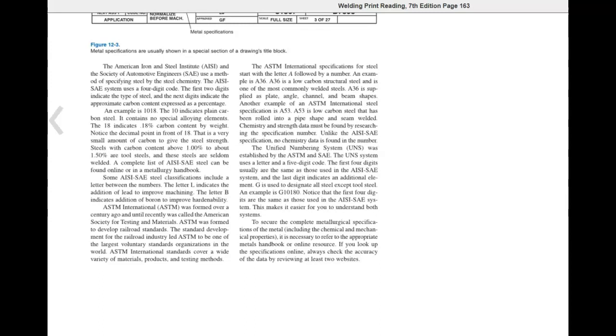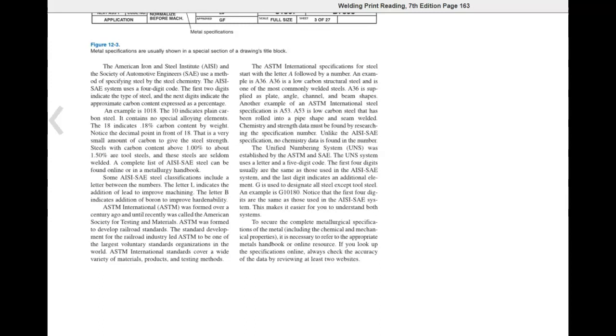G is used to designate all steel except tool steel. An example is G10180. Notice that the first four digits are the same as those used for the AISI SAE system. This makes it easier to understand both systems.